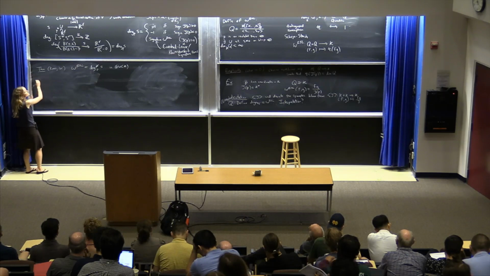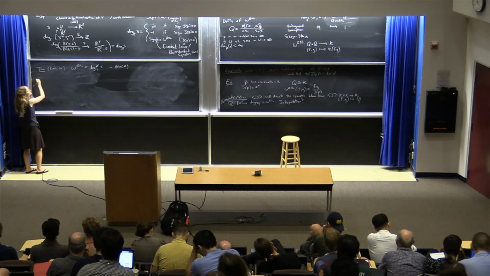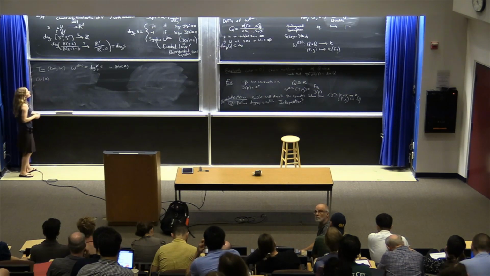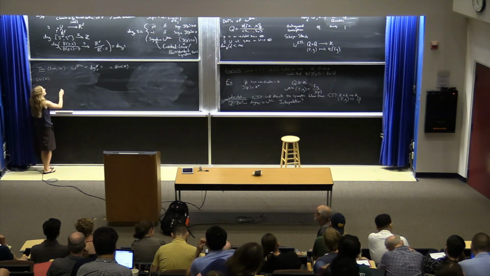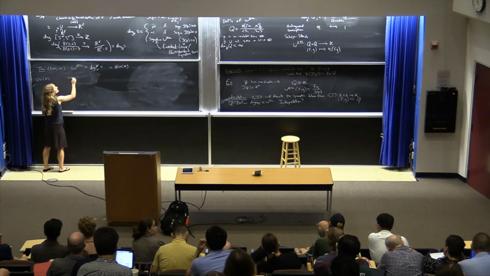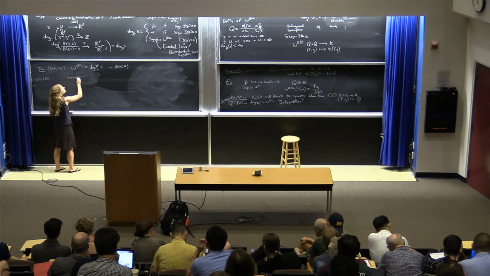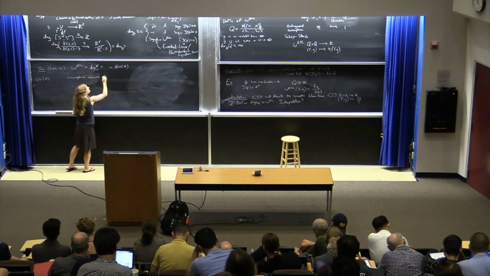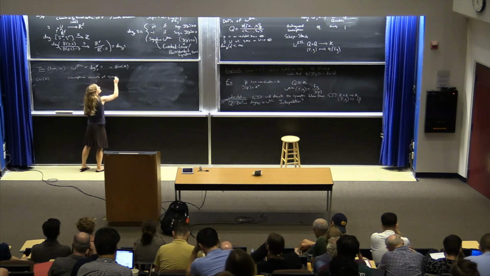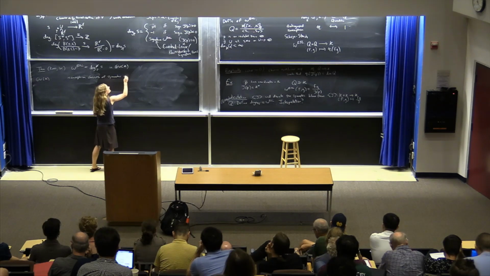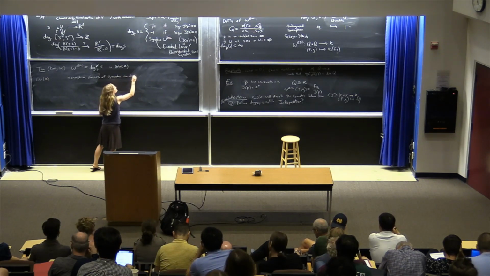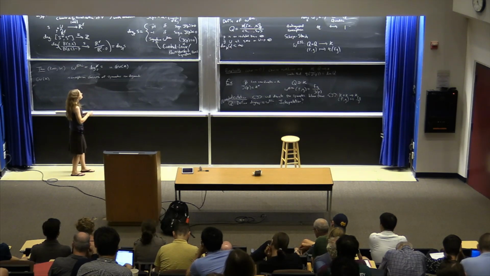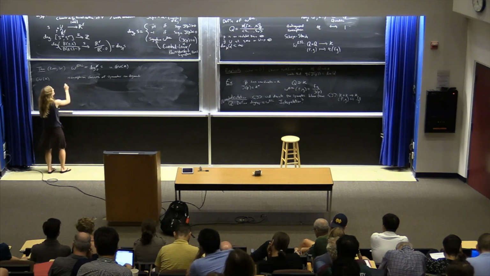So here's the definition of the Grothendieck-Witt group. GW(K), we're going to take isomorphism classes of symmetric non-degenerate bilinear forms.